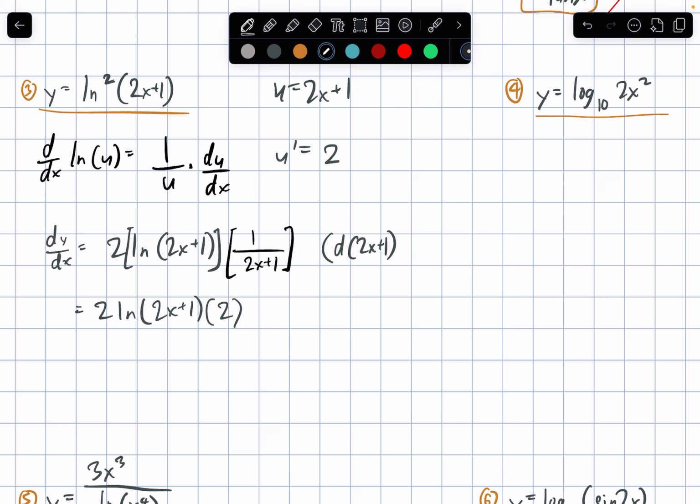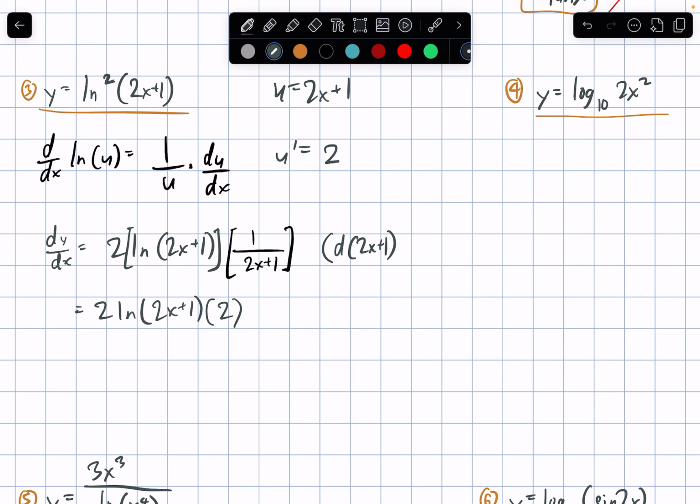Okay, so let me just make this clear. In this part, what we did was bring 2 here. And as a result, 2 minus 1, that's going to be 1. That's why we don't see an exponent anymore, because it's already self-explanatory. And so this one is written here. So d over dx is that.